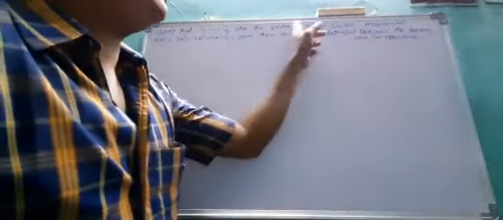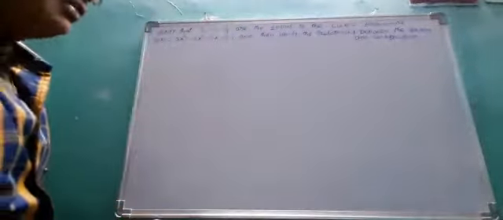So first of all, you have to verify whether the given zeros are zeros of the polynomial or not. Okay. So what is a zero of the polynomial?